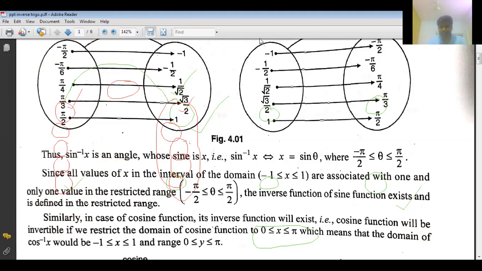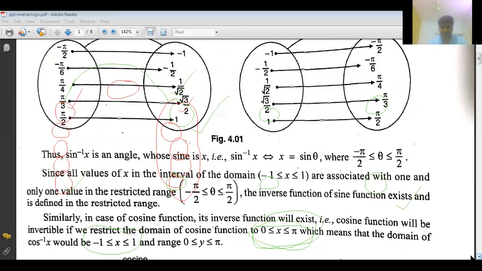That we have discussed in the previous class. 0 to pi will be the range for that, and minus 1 to 1 is the domain for the cos inverse function. Wherever the function is bijective, from that only we are taking those intervals as domain and range of those inverse trigonometric functions.